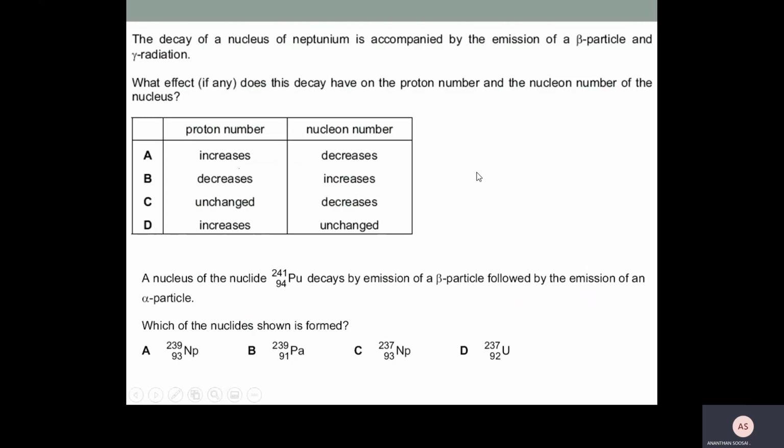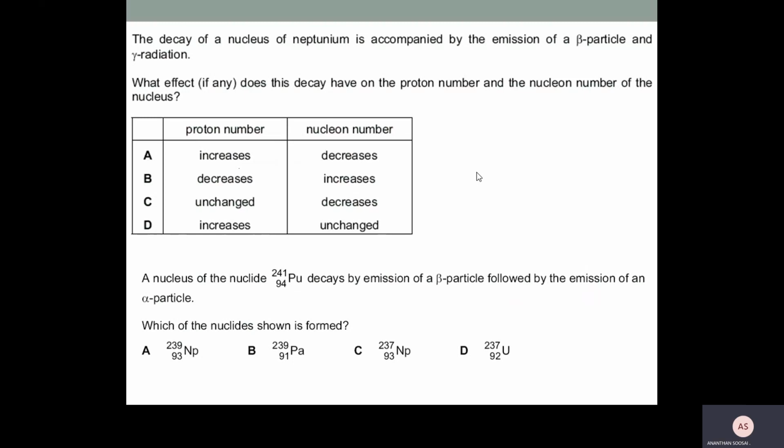This one, emission of beta particle followed by emission of alpha particle. Okay, write the equation and quickly give me the answer. 30 seconds. So it decays by emission of beta particle.